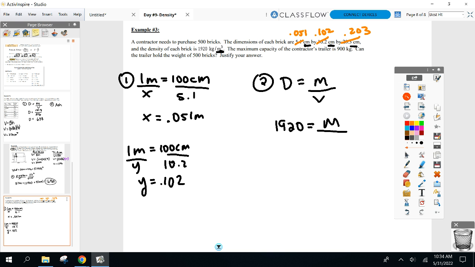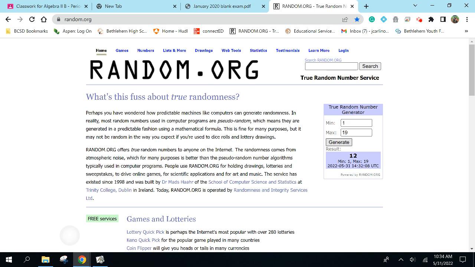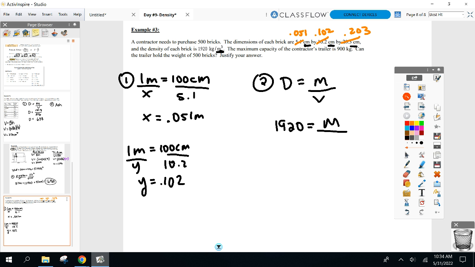How do you find the volume of the brick? You multiply the three numbers you just got. Yep. So volume, 0.051 times 0.102 times 0.203. Don't round anything. You guys know better than that. Yeah, it's a small number, but that's what I wanted.